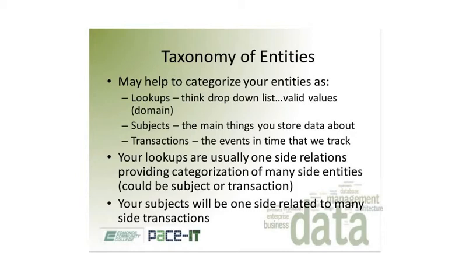You might have a customer classification. Again, you could have them as domain lookups, for instance, day of the week, which is a lookup list, or you may have them by a categorization of something. But typically, your subjects will be one-sides related to many-side transactions. So you kind of see this chain of a lookup categorizing a subject and a subject triggering or being involved with a transaction.